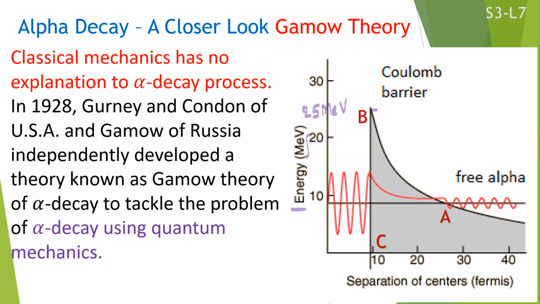Hence, it may be concluded that alpha particles of energy less than 25 mega electron volts, coming from outside, as in the alpha scattering experiment in which He-4 is incident from outside, are repelled if they approach the nucleus from outside.